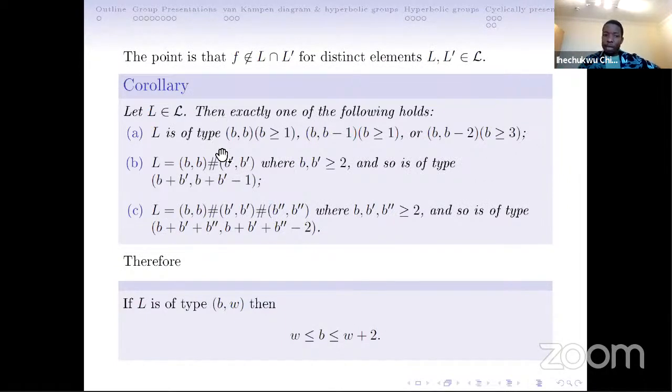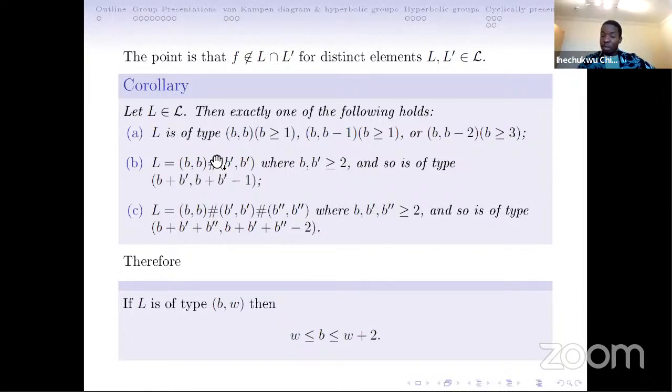Okay, so from what I described earlier, we have different types. We have type BB, where the black faces and the white faces have the same number, or B minus 1, or B minus 2. This is where we have maximal ant lanes. This is where nothing is glued together. So this is exactly the maximal ant lane. But this is where I've glued two things together.